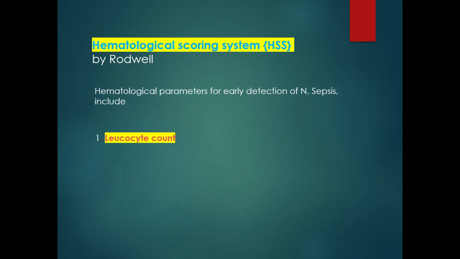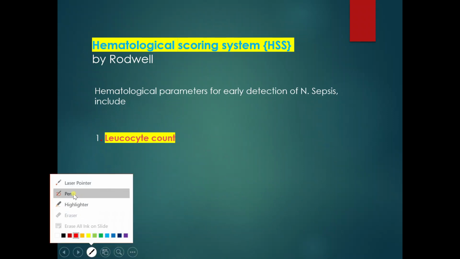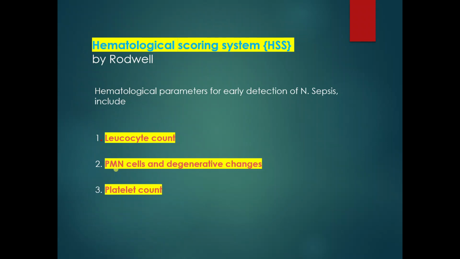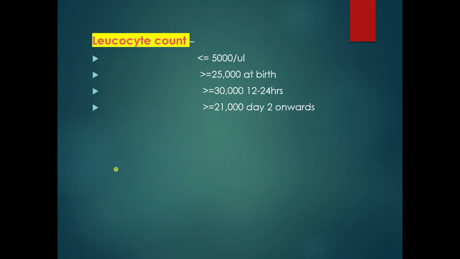And what are those parameters? First is leukocyte count. Then next is polymorphonuclear cells and degenerative changes in those cells. And third is platelet count.